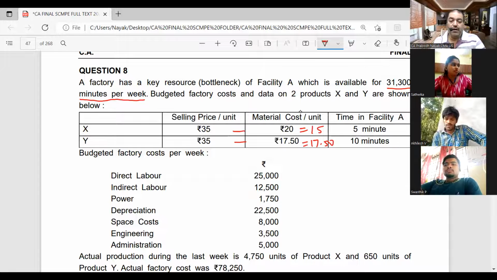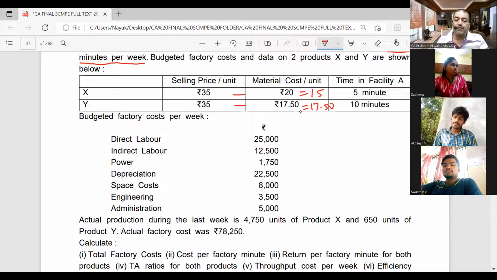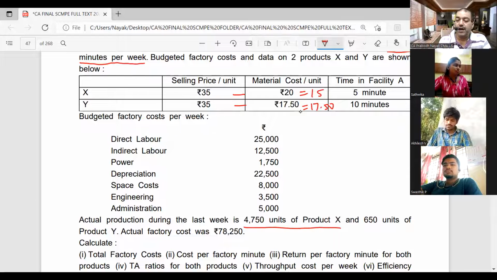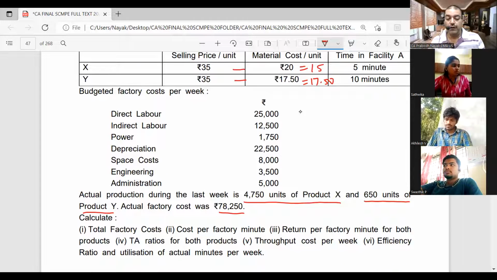Budgeted factory cost per week is given for direct labor, indirect labor, power, depreciation, space cost, engineering and administration cost. Actual production during the last week is 4,750 units of X and 650 units of Y. Actual factory cost was 78,250. Calculate the total factory cost per factory minute, return per factory minute for both the products, TA ratios. We have not done TA ratios up till now.